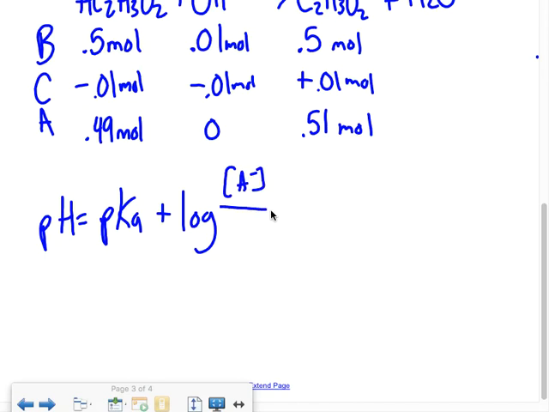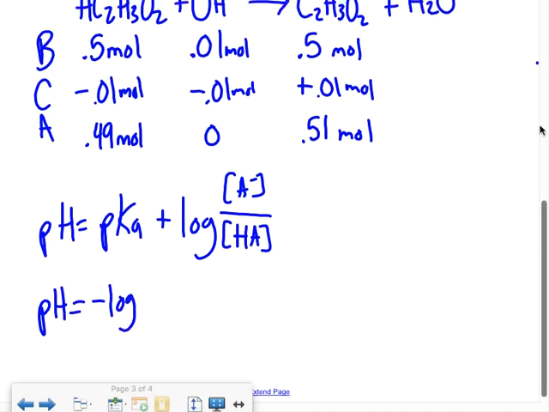All right, so the pKa is equal to negative log of the Ka of the acid. And our acid is HC2H3O2, and that's its Ka, so the negative log of that is the pKa.